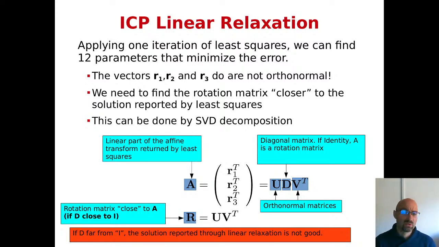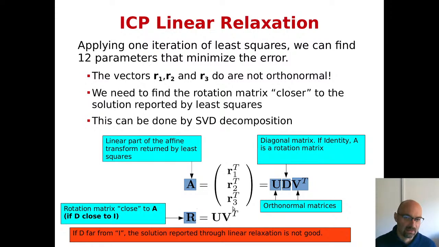But if it is close to the identity, we say, okay, I don't care. I just get rid of D. I force it to be the identity, and I recover the rotation matrix R. This is the matrix returned by the linear least squares, by multiplying the two orthonormal matrices, which gives another orthonormal matrix.